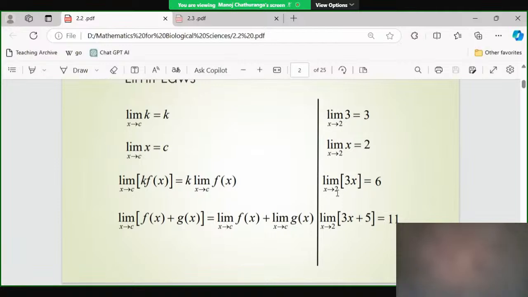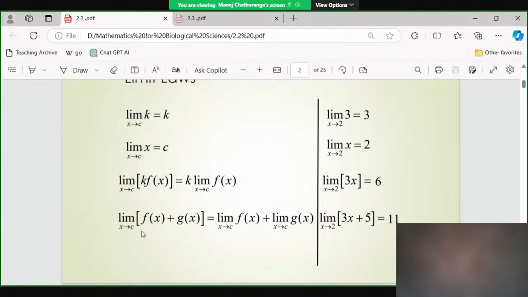We know when x goes to 2, x equals 2. Then 2 times 3 is 6. Think about the limit of this number and multiply it by 3. So you can multiply limits by constants like this.